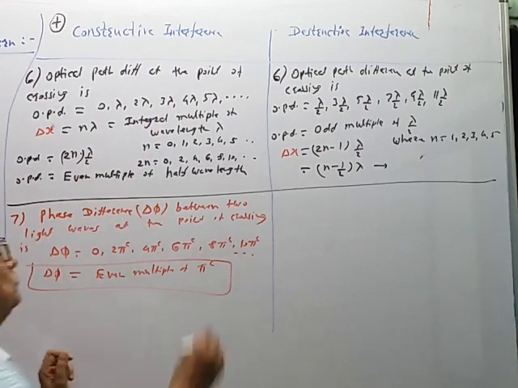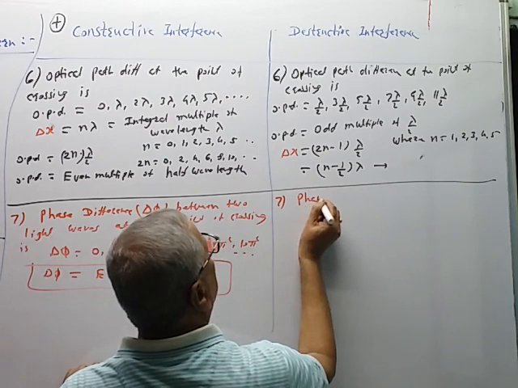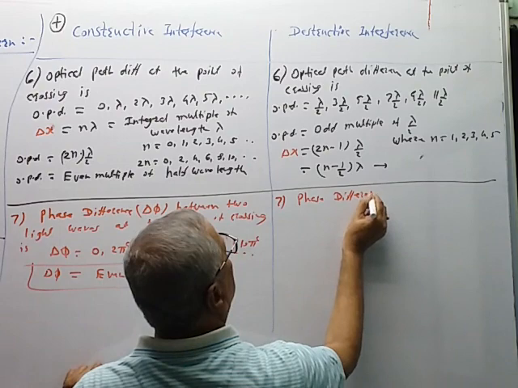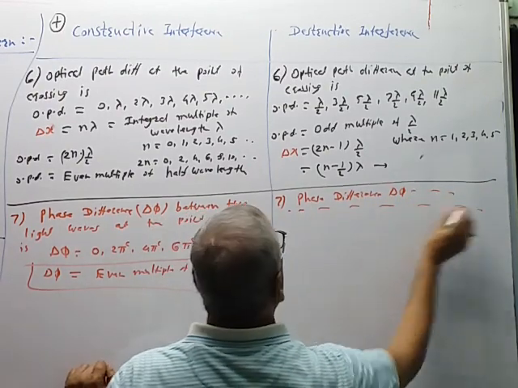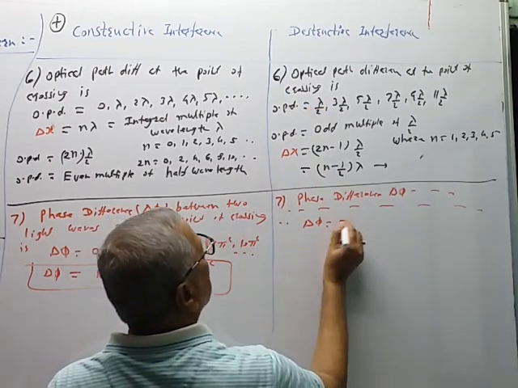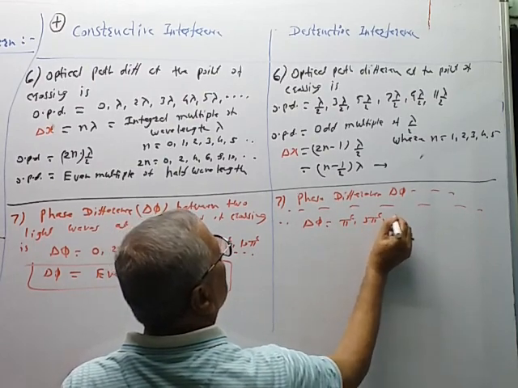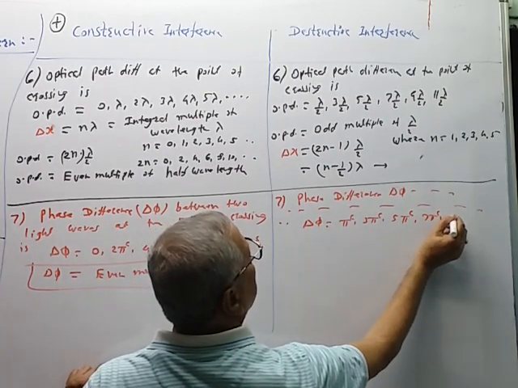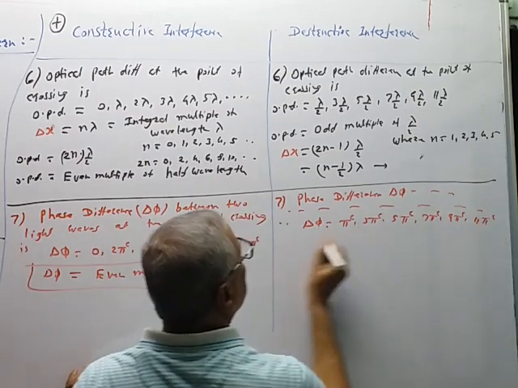Now on this side, phase difference delta phi between the two waves at the point of crossing is delta phi is equal to lambda by 2 means pi radian, 3 pi radian, 5 pi radian, 7 pi radian, 9 pi radian, 11 pi radian.